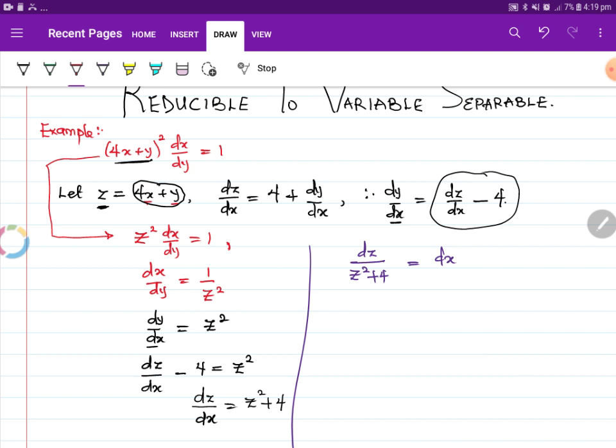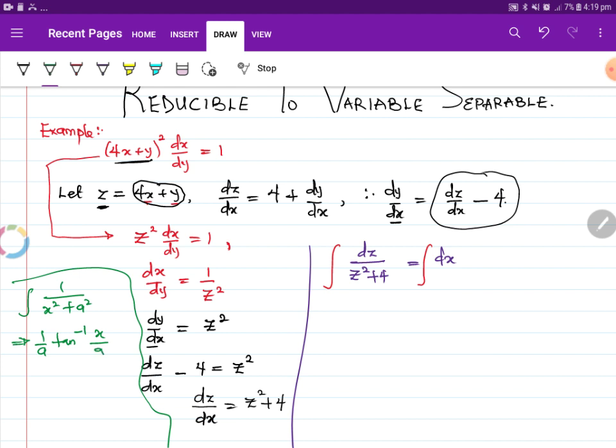After separating, we integrate both sides. Then when you integrate z squared plus 4, recall standard techniques. The standard technique says that the integral of 1 over x squared plus a squared is equal to 1 over a arctan of x over a, from our standard techniques of integration.